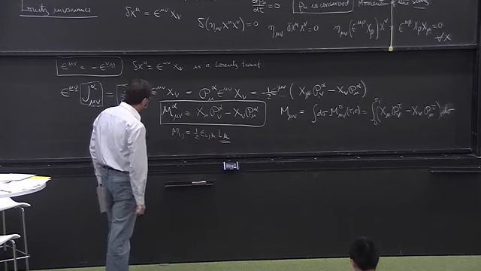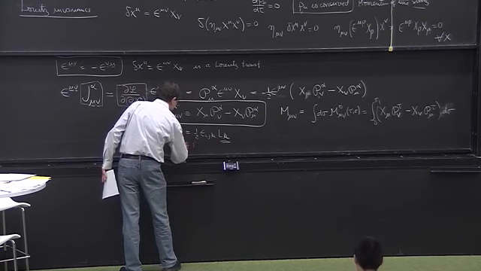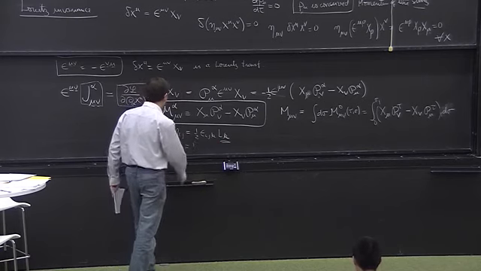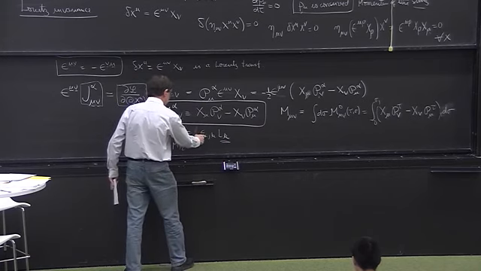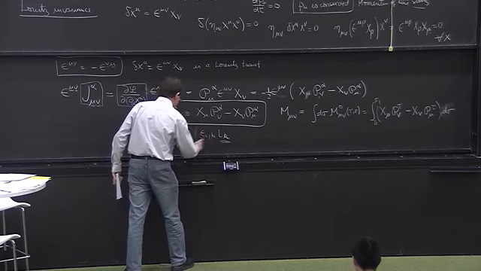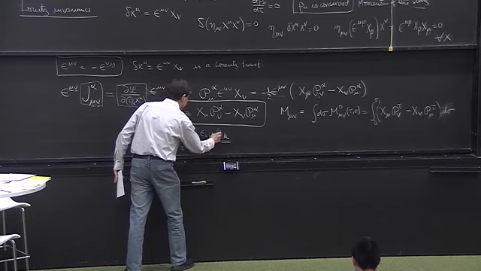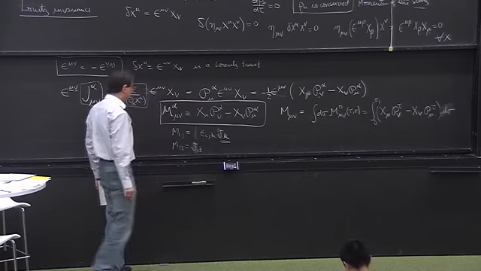So M12 would be, no, there's no 1/2, I'm sorry, I think it's just like that. M12 would be epsilon 1, 2, 3, so it's L3 or J3. Let me call it J for angular momentum, J3.